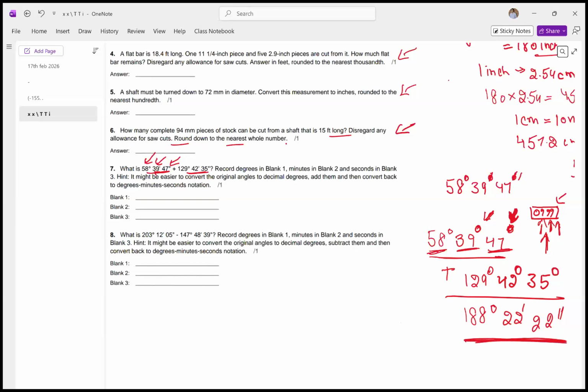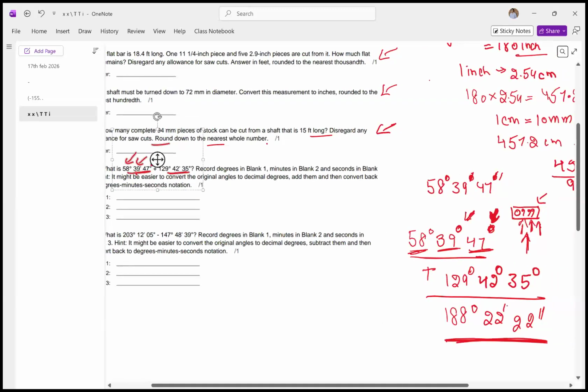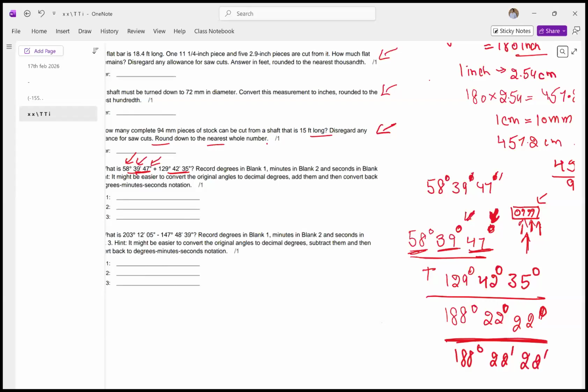Maybe your calculator displays it differently, but you will write it as 188 degrees, 22 minutes, and 22 seconds. That will be your final answer. The first one is degrees.